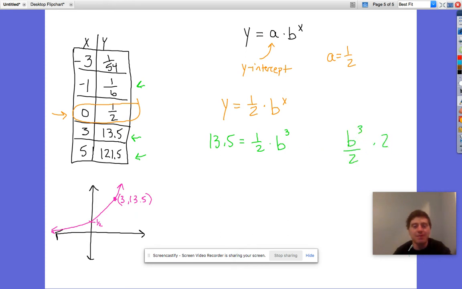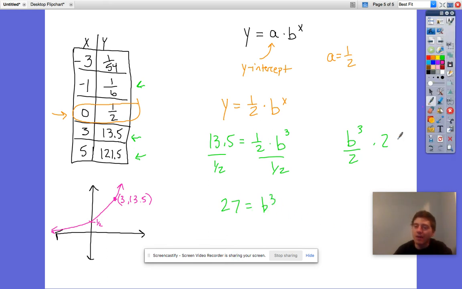So you can times 2. Either way, divide by 1/2 or times 2, those are literally the same thing. So divide by 1/2, because what do you do when you divide by a fraction? You flip it and multiply. So times 2. That makes this 27 is b to the third.